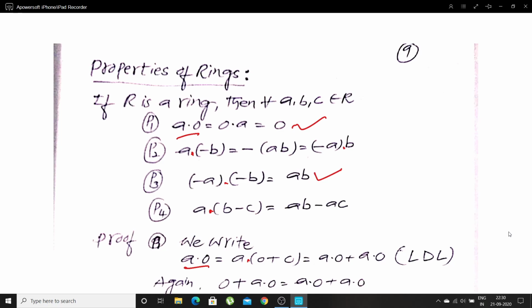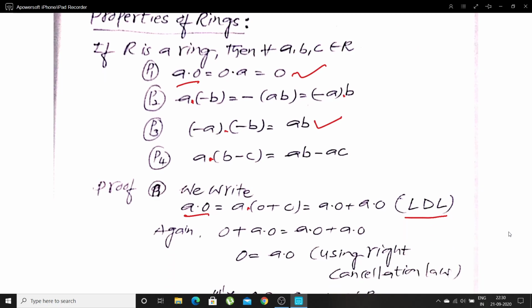Using left distributive law, we write this as a dot 0 plus a dot 0. Again, I'll write a dot 0 as 0 plus a dot 0. Right hand side as it is, no change.